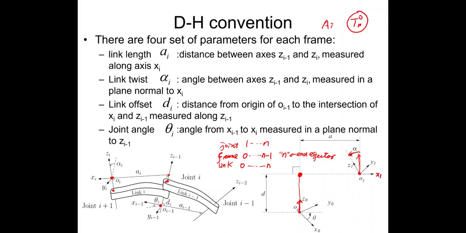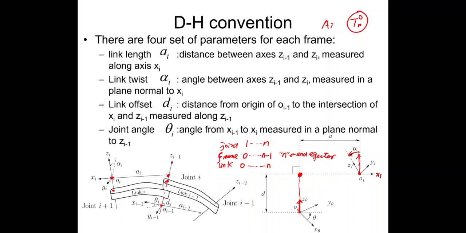And then it goes back to the robotic arm, where along zi minus 1, I have my Oi minus 1 and the intersection. Here I have my zi minus 1, and here I have my xi, so here I have the intersection. So from Oi minus 1 to the intersection, I have my di, okay?